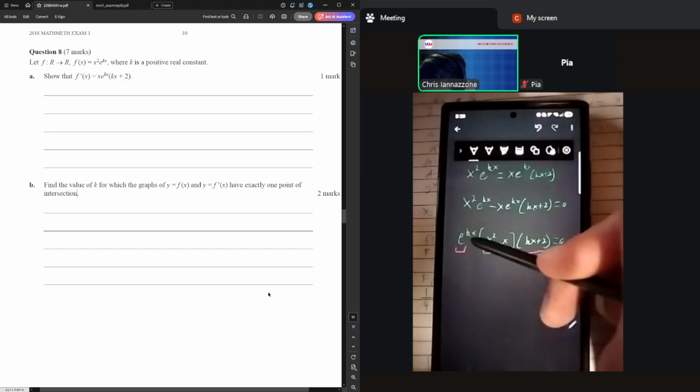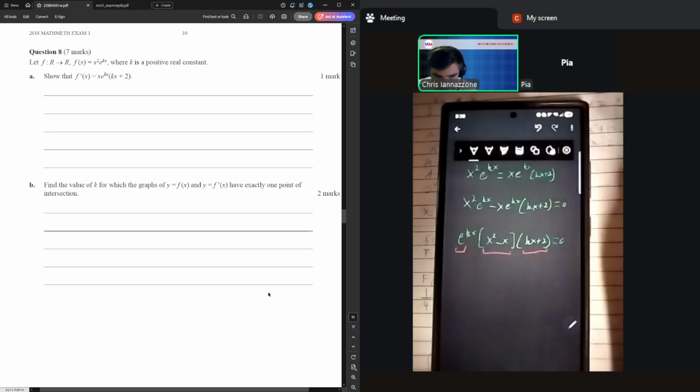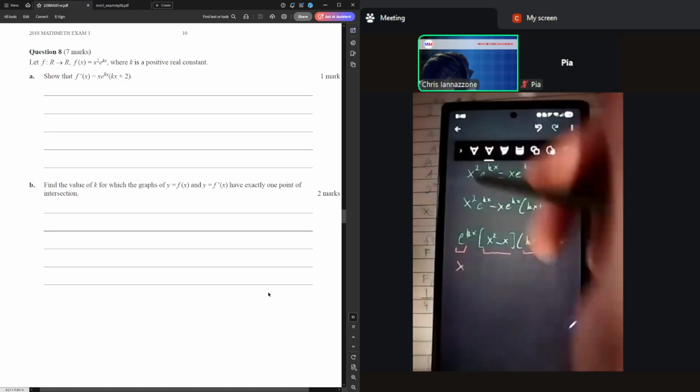So e to the kx, is there any value of x that would force that to 0? Would that be undefined? Is it undefined or do you just say no solution? I think you just say no solution here. It means more or less effectively the same thing. It just means, hey, this doesn't contribute anything.